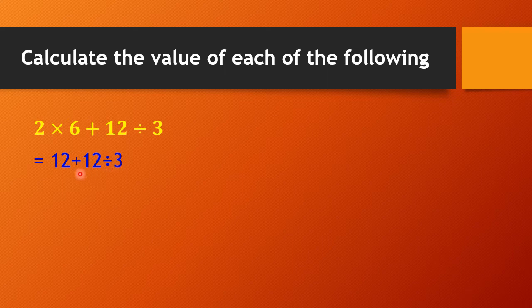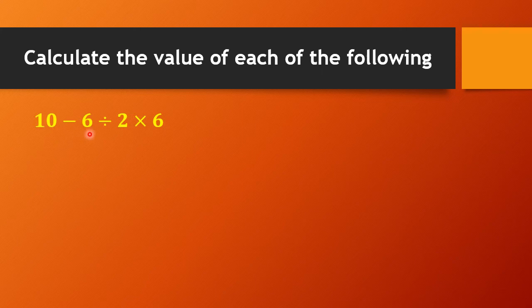After that, we have addition and division. We will do the division operation. 12 divided by 3 equals 4. So it will equal 12 plus 4. 12 plus 4 equals 16.